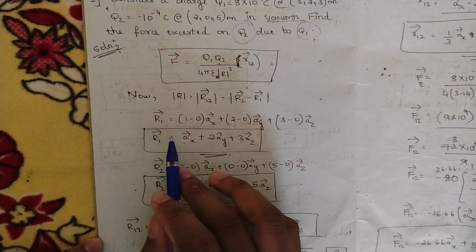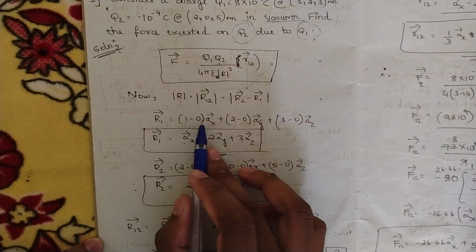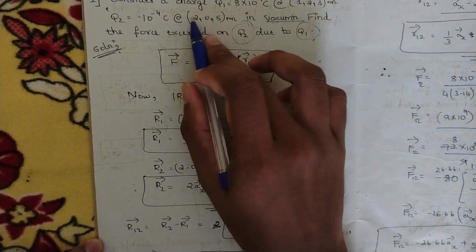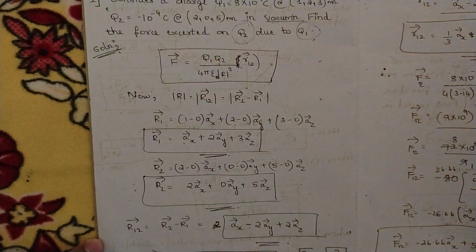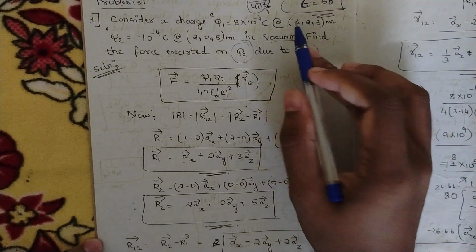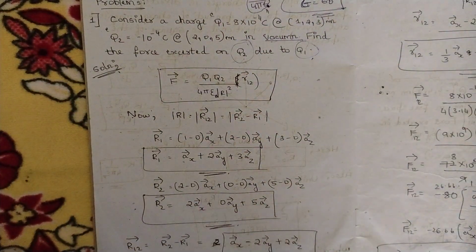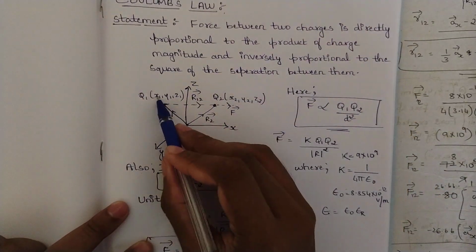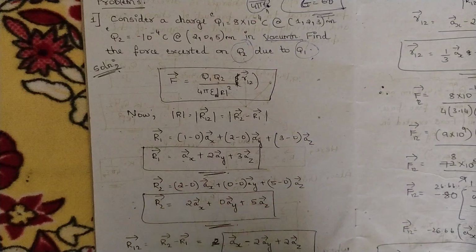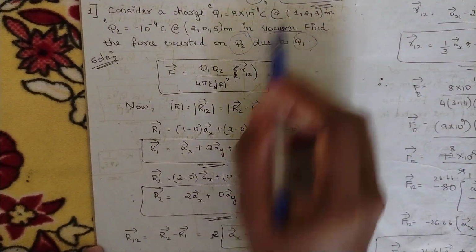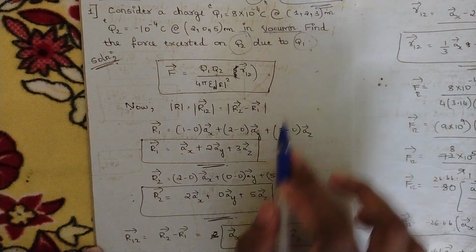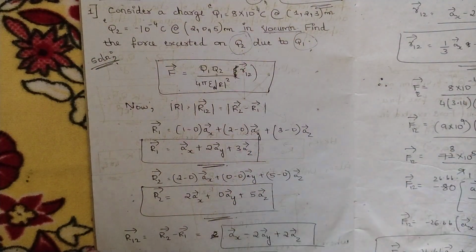That is, r1 is equal to 1 minus 0 for x, that is x1 minus the origin. x1 is 1 here, and we subtract the origin: x1 minus 0, y1 minus 0, z1 minus 0. In the same way you should find r2 as well. So 1 minus 0 into a cap x plus 2 minus 0 into a cap y plus 3 minus 0 into a cap z. Now solve it.